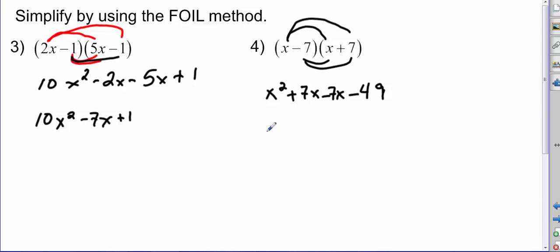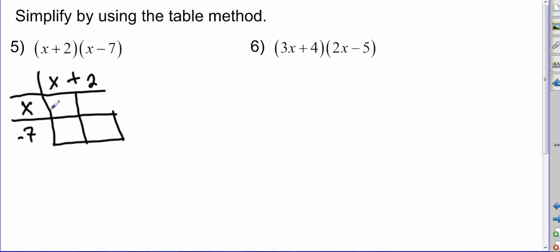So when we combine like terms, these 7x's are basically going to knock each other out. So we're going to be left with x squared minus 49. And you might notice something like this happen in the future.